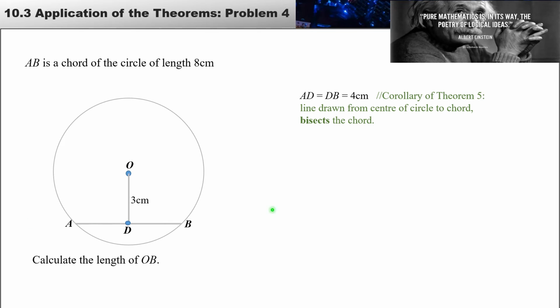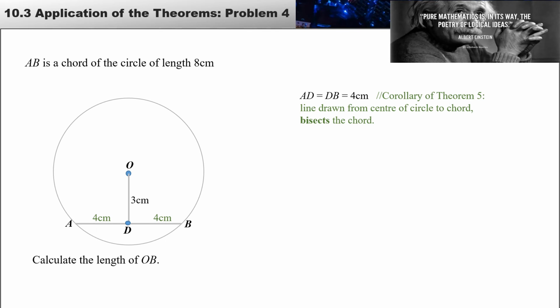All right, so that's important to understand. So if it bisects AB, that means the length AD is 4 centimeters, which is half of 8 centimeters, and also DB will be 4 centimeters. So I could put in these measurements here quite confidently, right?